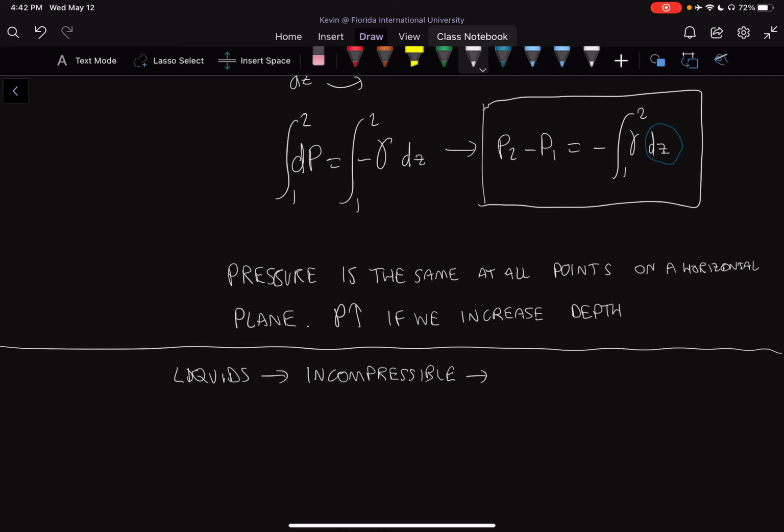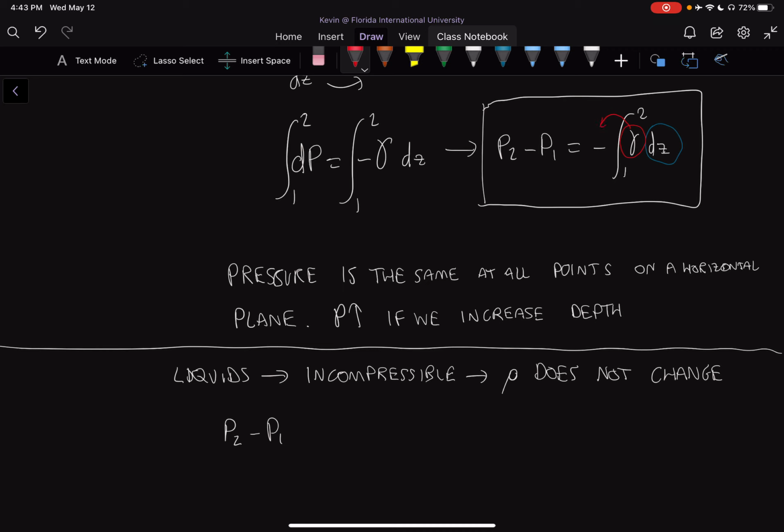And when something is incompressible, density does not change. So from this equation, P2 minus P1, we can take out this term and move it outside the brackets because it's going to be constant.